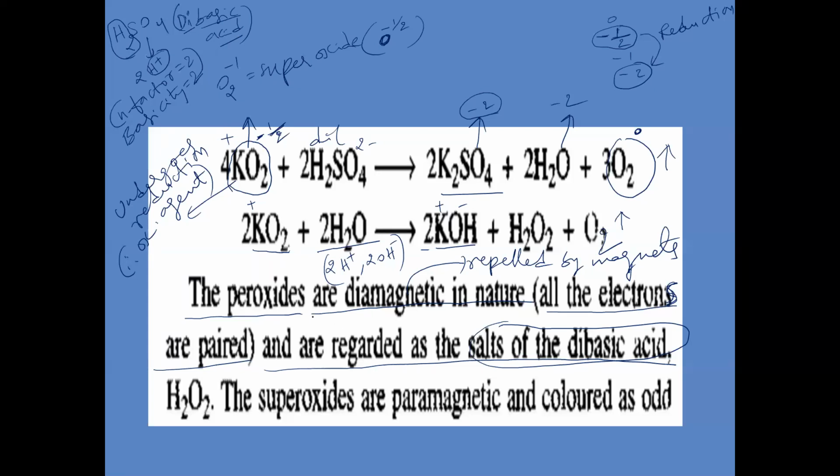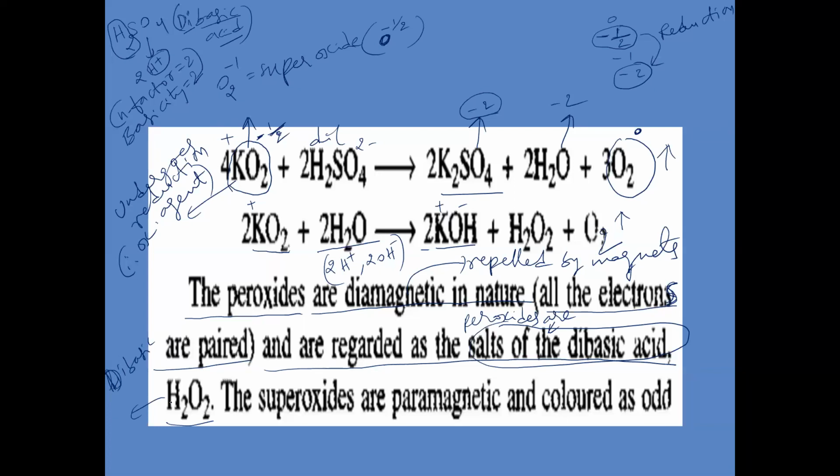So what we have to say is that the peroxides are what now here? The salts of dibasic acid. Peroxides are considered to be salts of dibasic acid. Okay, next one here, that is H2O2. H2O2 is also dibasic.